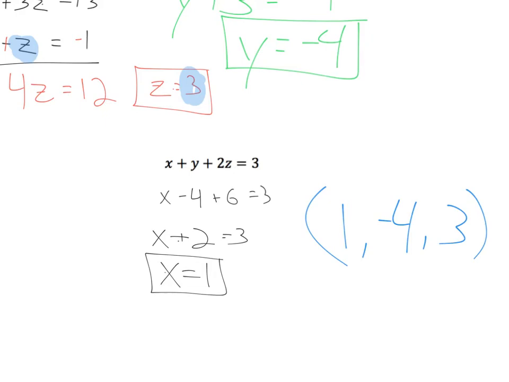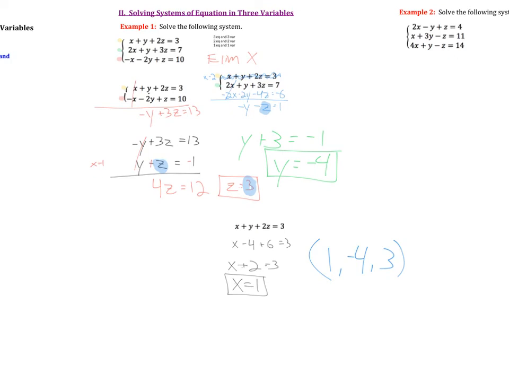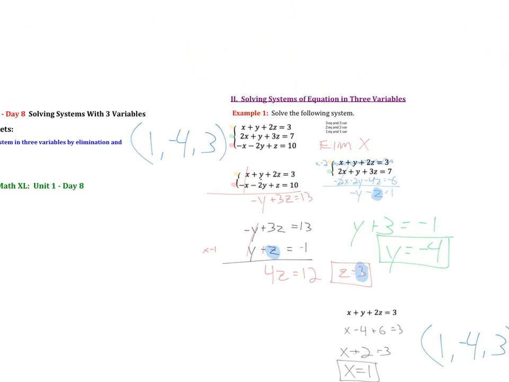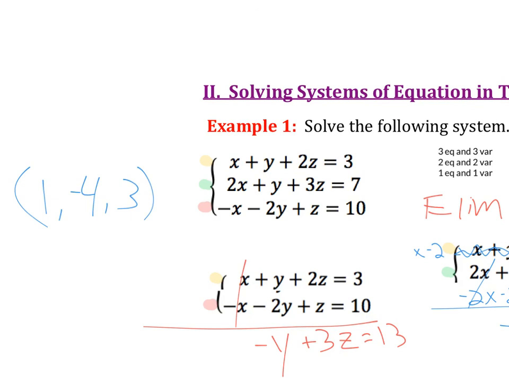And if I did this correctly, I should be able to take all of these variables and plug them back into my original system for every single equation, and we should have a valid solution. So I should plug in 1, -4, and 3. 1 minus 4 plus 6, yeah, that's going to be 3. 2 times 1 is 2.